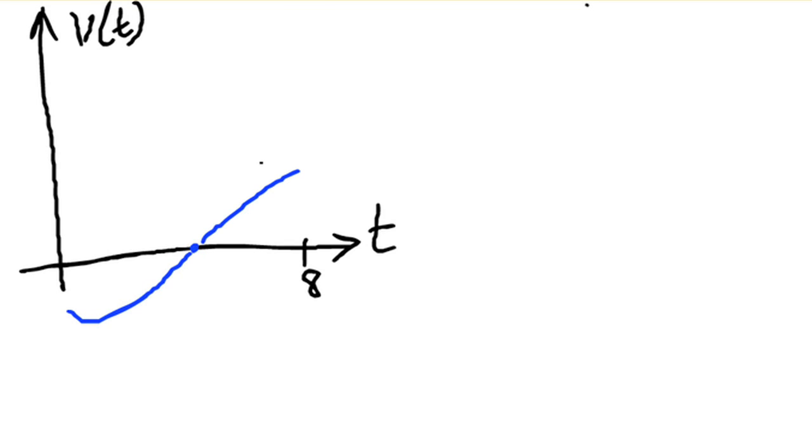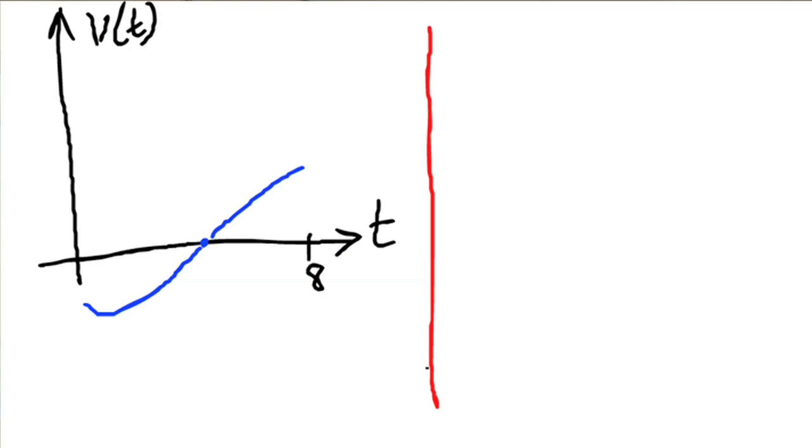Well, Phil, given that that's a velocity versus time graph, what's it really saying about our particle? Well, that's a great question, and that's a key to the entire problem. Let's draw a little picture of our particle, and right here it originally says that the position of our particle at t equals 0 is 5. Right here you can see on the velocity graph it starts off with negative velocity, that is, it's below the x-axis.